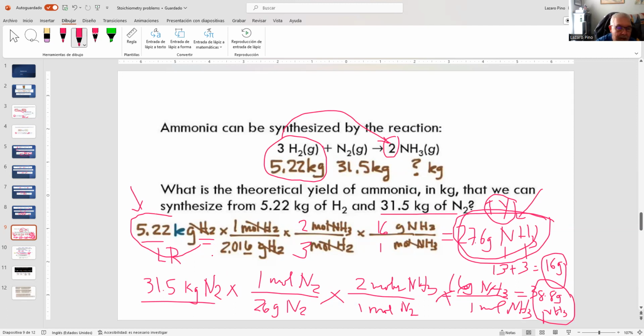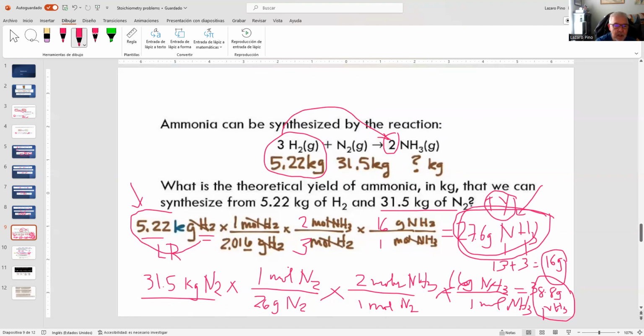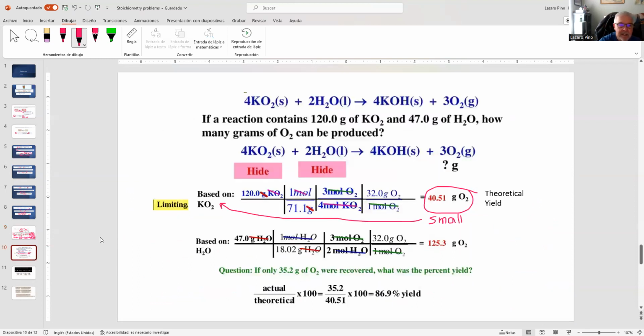When hydrogen is over, you will have some nitrogen that is not in the reaction. That's an excess. Well, you can stop the video and do it by yourself in order to understand this kind of exercise. Now, let's go to another one.